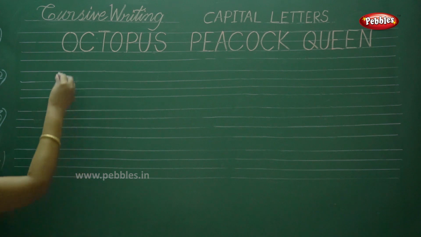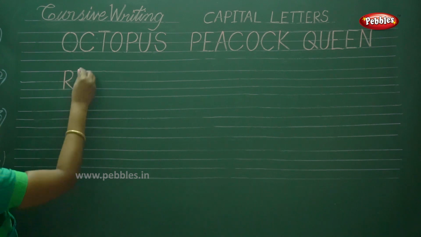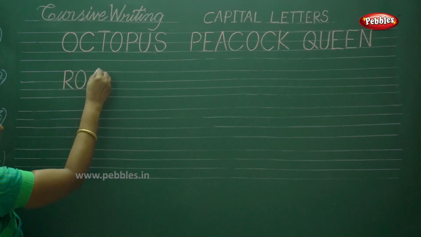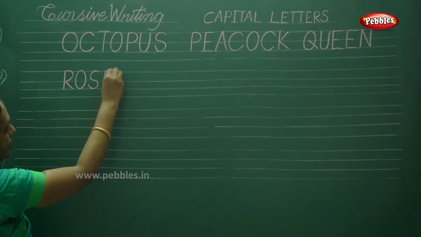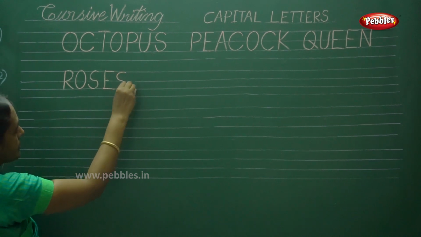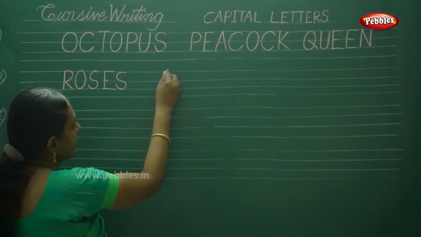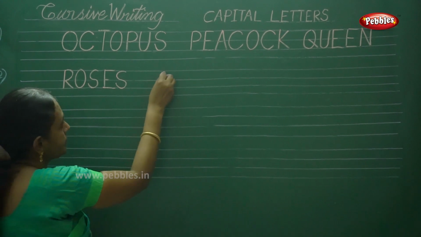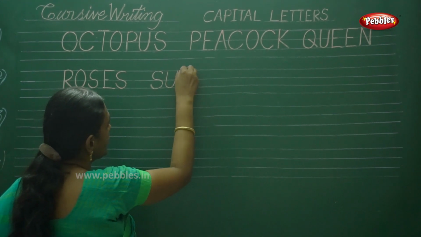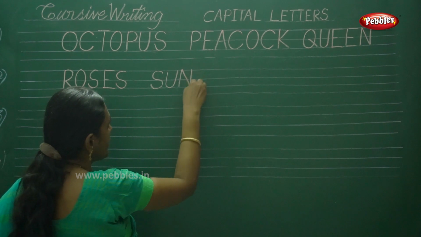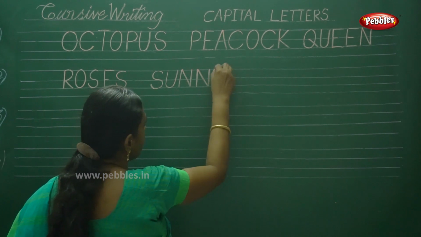Then R, roses, R, O, S, E, yes, roses. Okay, then yes, sun, yes, U, N, to make it a bigger word, sunny. Okay, SUN, N and Y.